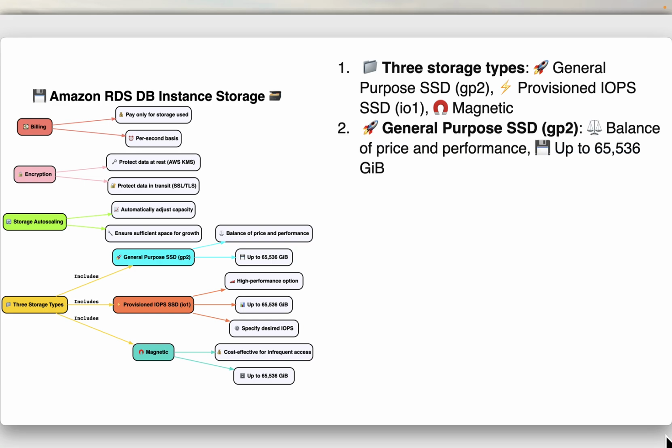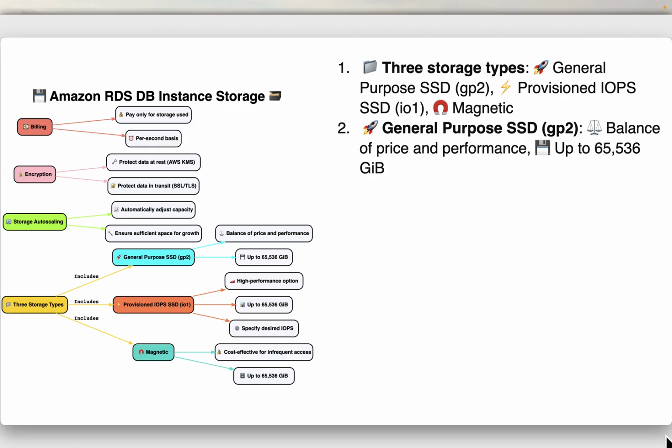First, general purpose SSD, which in technical references you will refer to as GP2. It's suitable for most workloads, up to 65,536 GB.